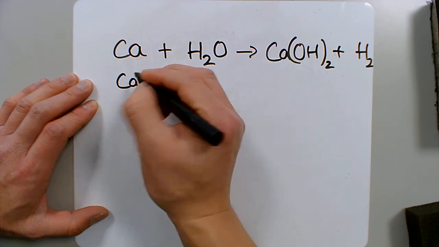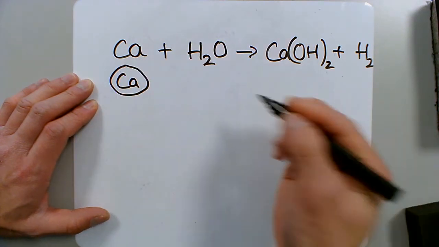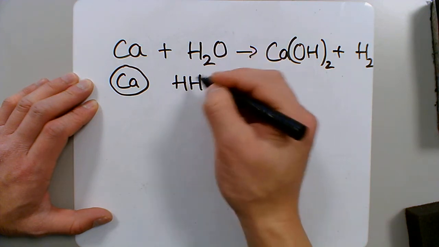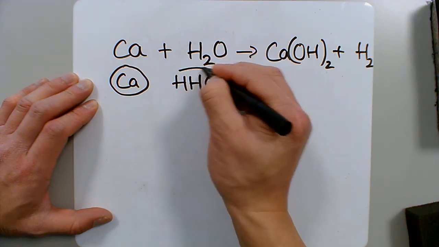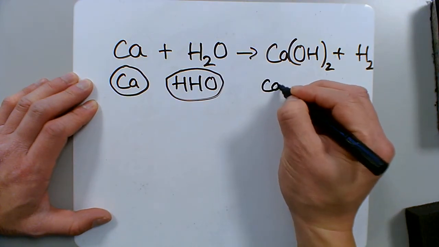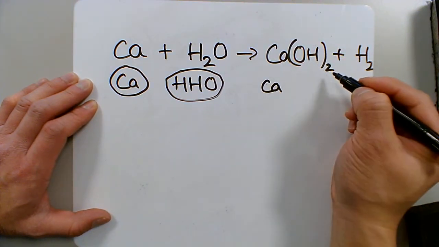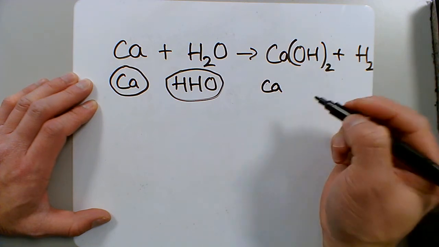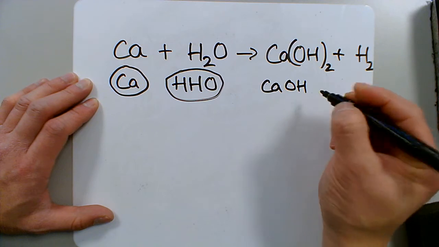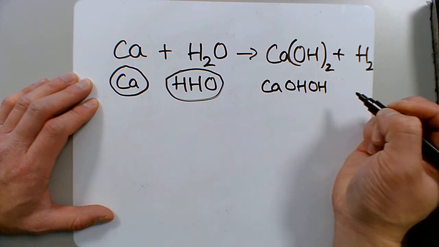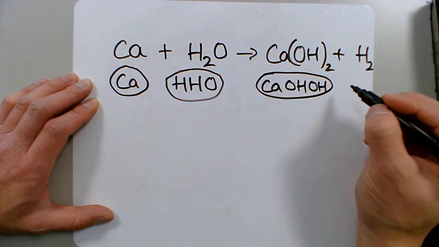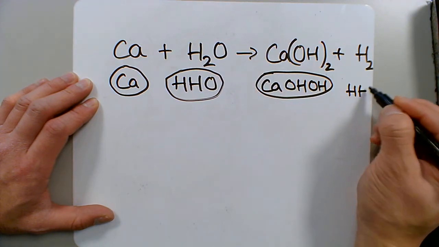Now again we use our same method. So we've got a calcium inside its own bubble, we've got water which is 2 hydrogens and 1 oxygen inside its own bubble. Then we have calcium hydroxide. Now the brackets tell us that there are 2 of everything inside the brackets, which means we have 1 O and 2 H. Put that in a bubble, and then we have 2 hydrogens at the end.